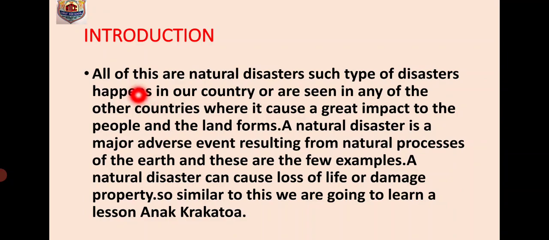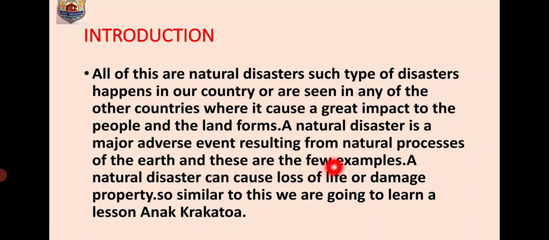Introduction. All of these are natural disasters. Such types of disasters happen in our country or are seen in other countries, where they cause a great impact to the people and the landforms. A natural disaster is a major adverse event resulting from natural processes of the earth.